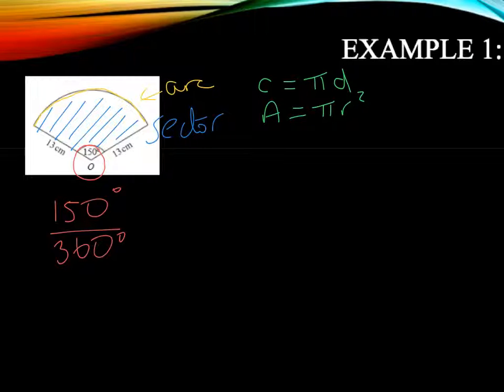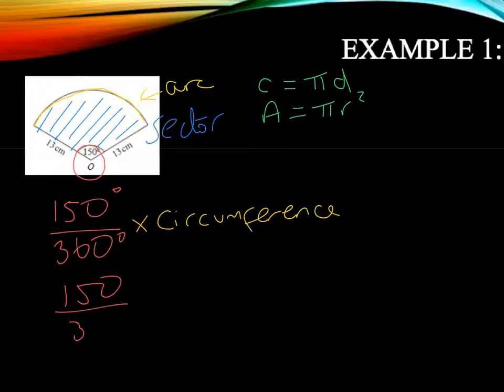And whatever it is that we're trying to work out, if it's the arc length, then we're going to multiply this proportion by the circumference of the whole circle. And if we're finding the area, then again we're going to use this proportion, this 150 out of 360, and we're going to multiply that by, in this case, the area, because we're wanting the area of just the sector.